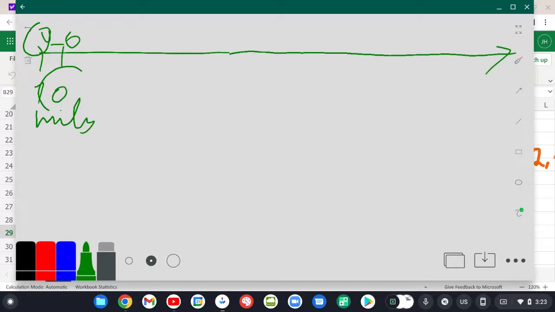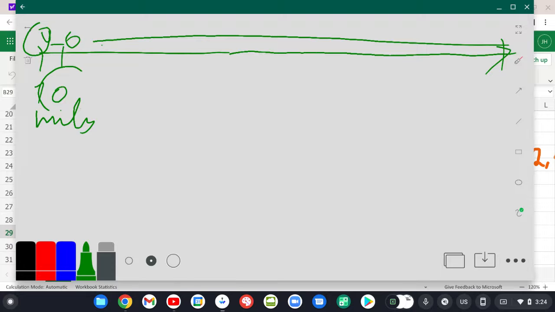It's 10 miles. Then let's say the distance between the Earth and the nearest galaxy, I think, would be 8 light years or 80 light years. 1 light year is like, I don't know, 80 billion miles or whatever.